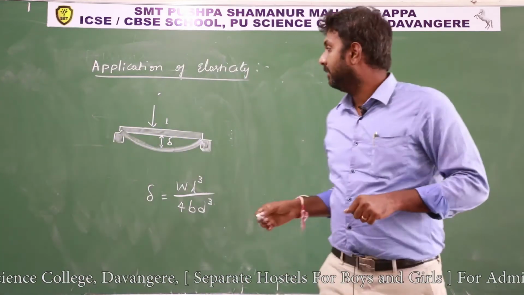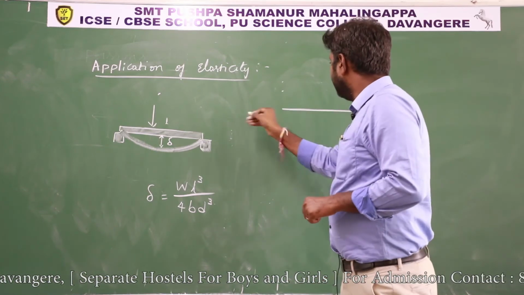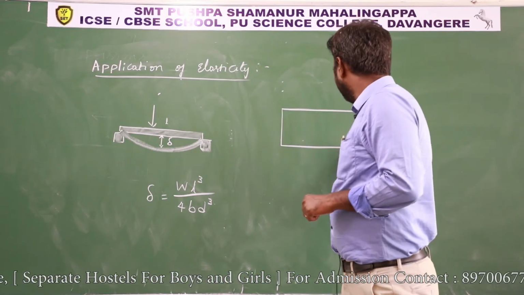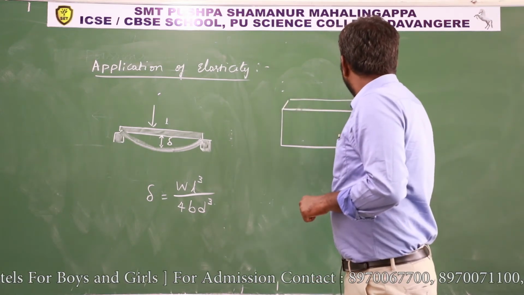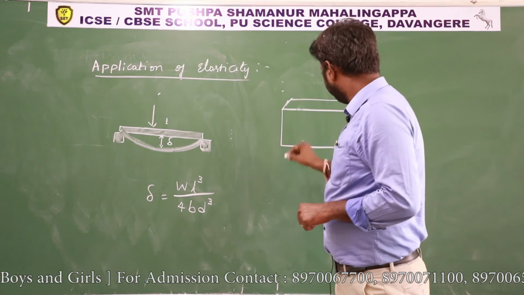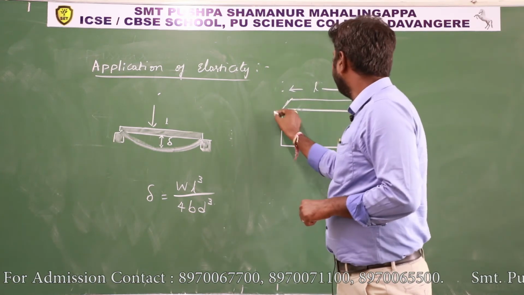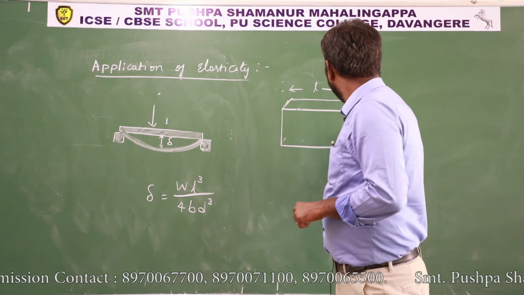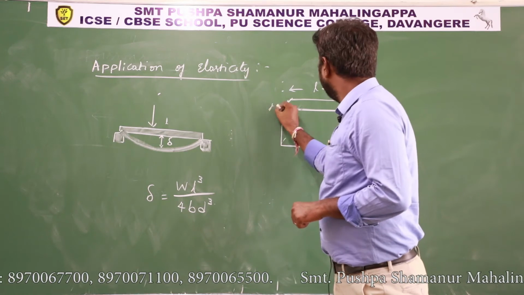A separate diagram I will draw, so you may understand this concept. Let us consider the same slab. I am drawing here, this is the slab, and let us consider this is the length.